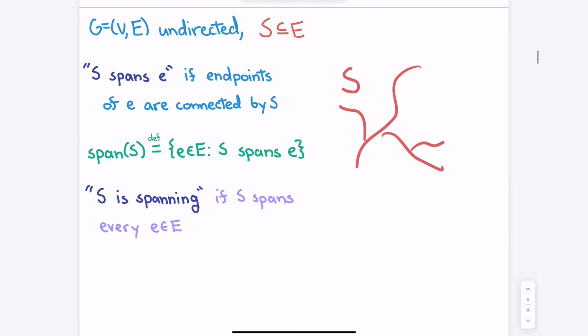Those terminologies you already knew, but maybe not so much these. One word in the title was spanning trees. So this verb span is going to come up a lot.